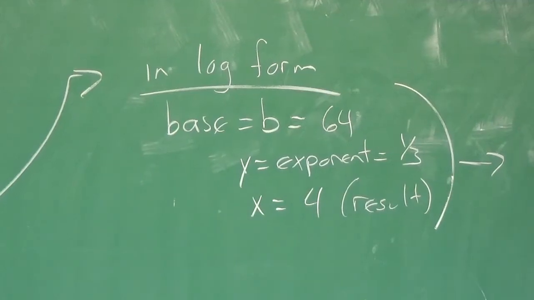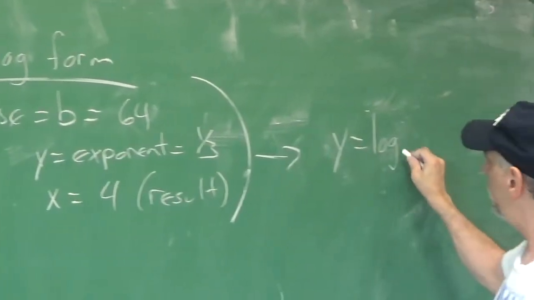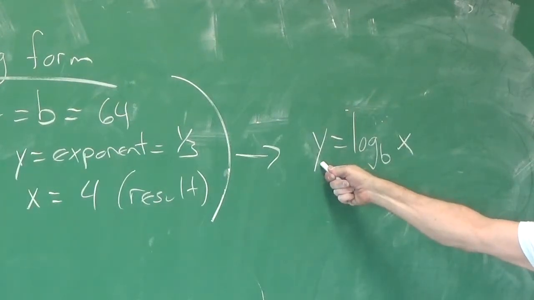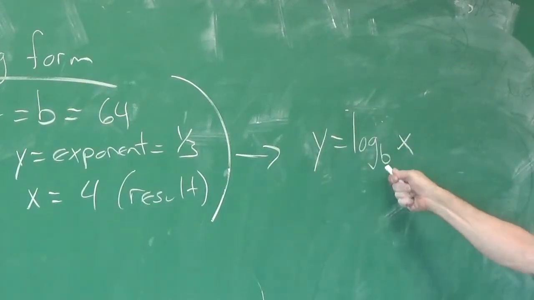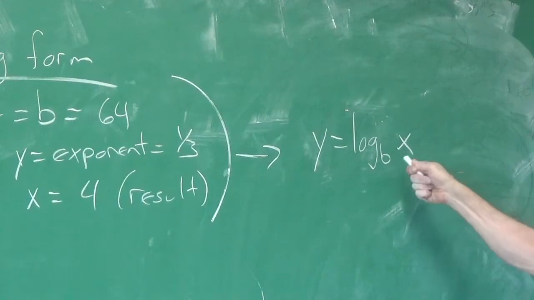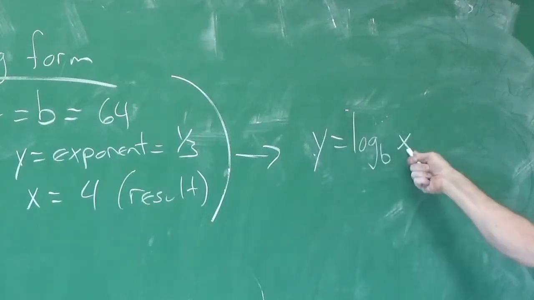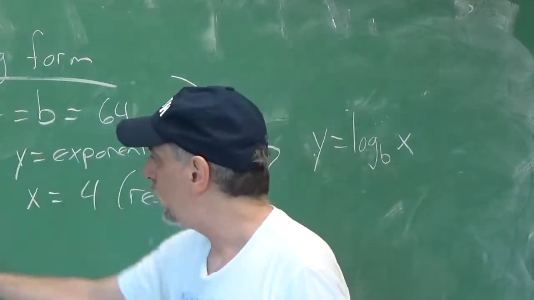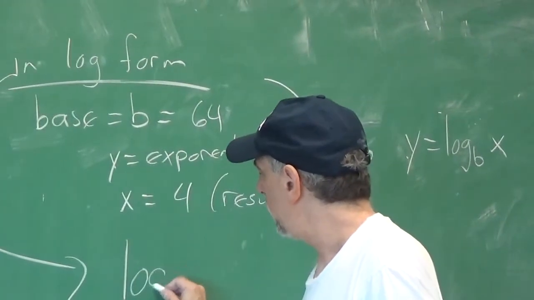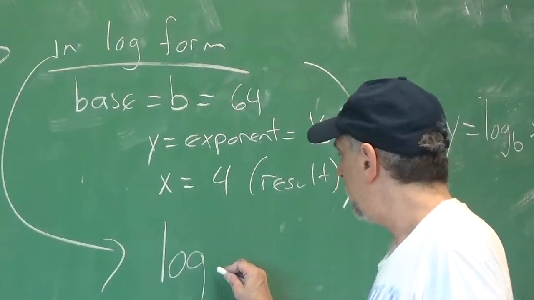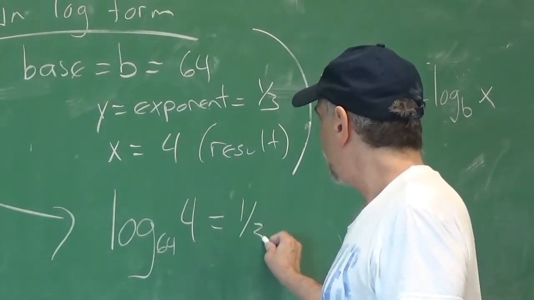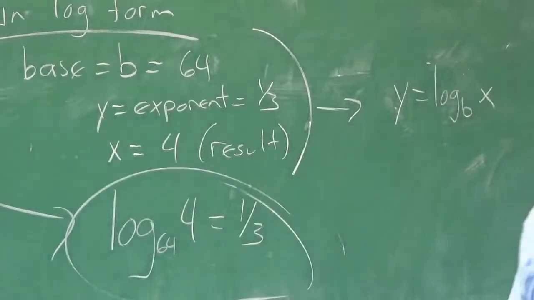So when we write this, this is the exponent that when I put it on this base, I get this result. Base, exponent, result. Base, exponent, result. So in log form, we're going to say logarithm base 64 of 4 equals 1/3. That's what we're looking for.